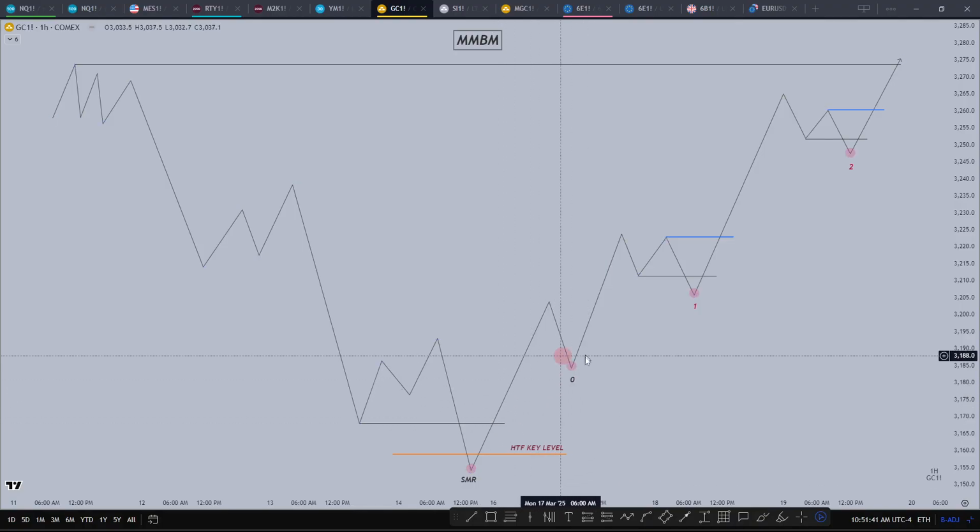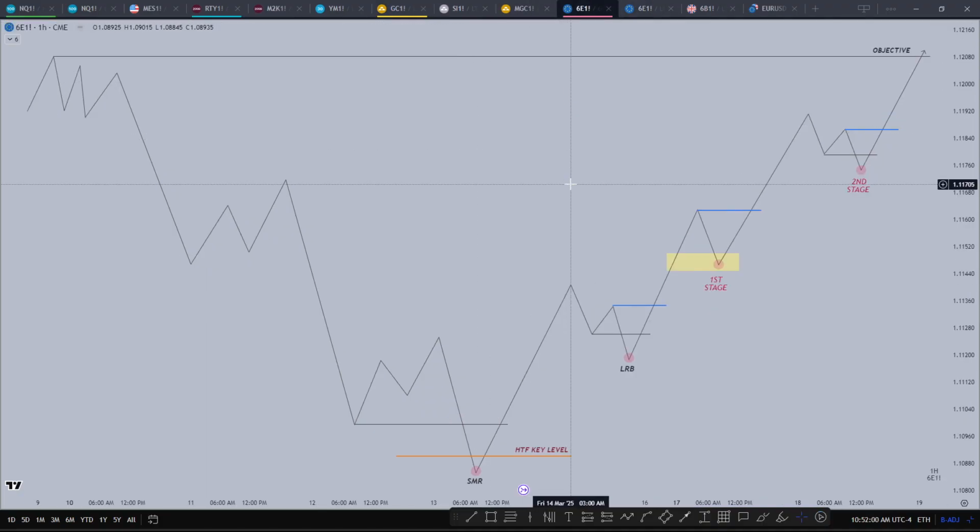We were here. The legs next to the SMR, 0, 1, 2. Always remember this. The next legs to the SMR, you would start counting from 0, 1, 2. Okay. Now SMR has been put in from the higher time frame key level.